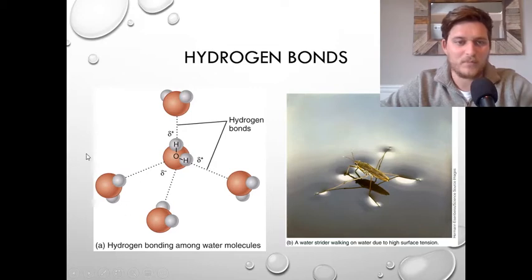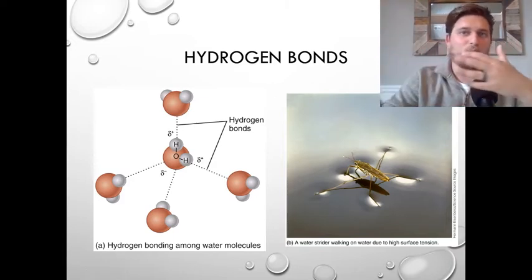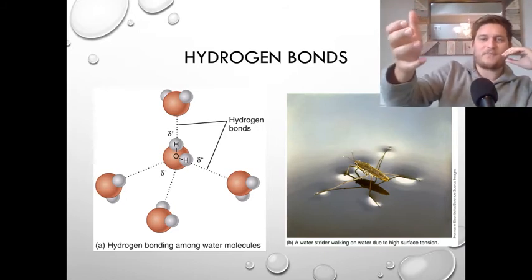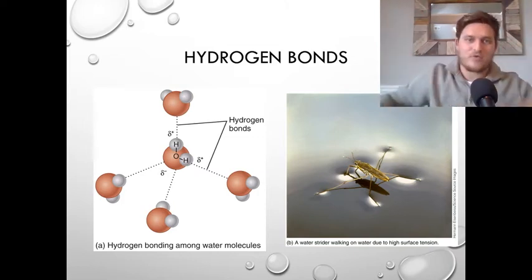This water molecule here is still going to have the partial negative charge on the oxygen and the partial positive charge on the hydrogen. And now these partial positive and partial negative charges are going to allow water molecules to bond together. That's why when you look at water and the way it moves, it all moves together. If you took a cup like this and turned it upside down, all that liquid is going to travel together.